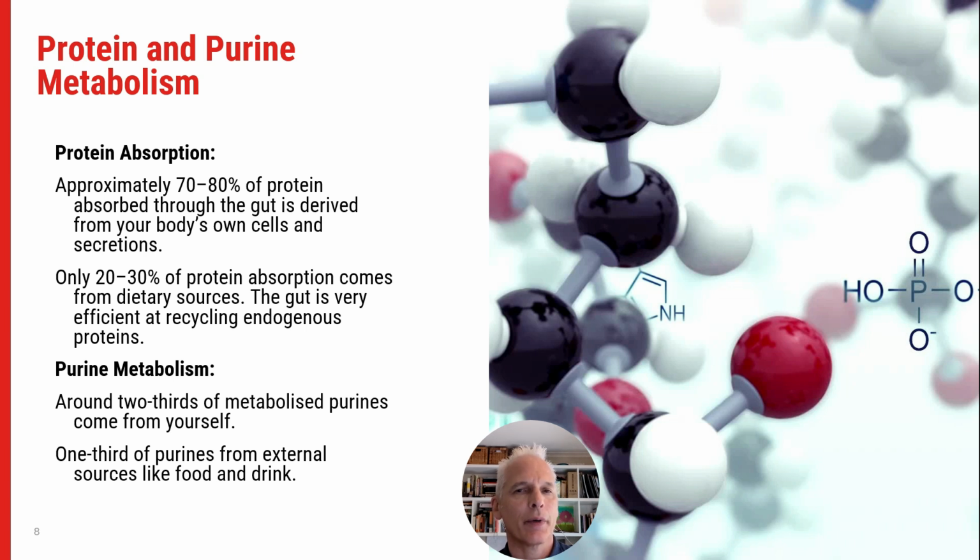You can recycle the protein and you can actually recycle the purines, and the uric acid can be used again. So only 20 to 30% of protein absorption comes from dietary sources. The gut is very efficient at recycling endogenous proteins. So around 2/3 of metabolized purines come from yourself, and 1/3 of purines come from external sources like food and drink.